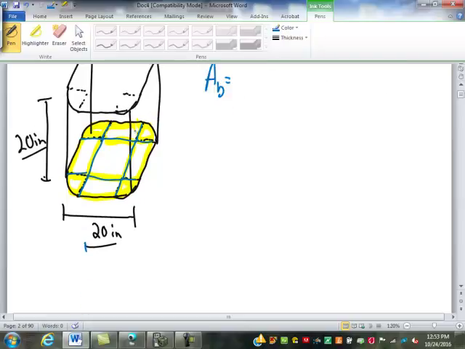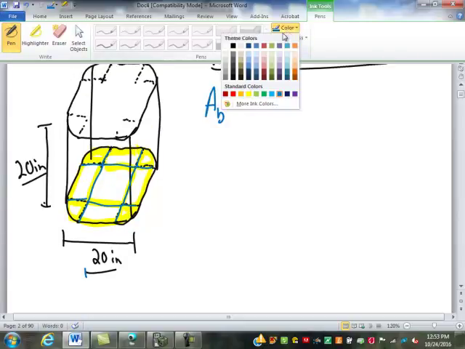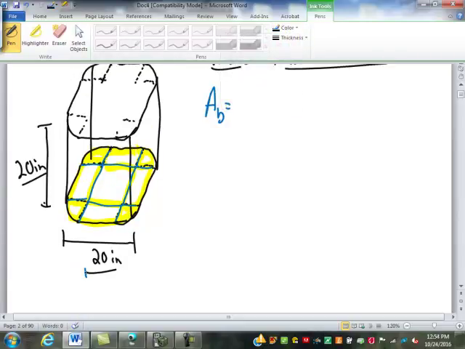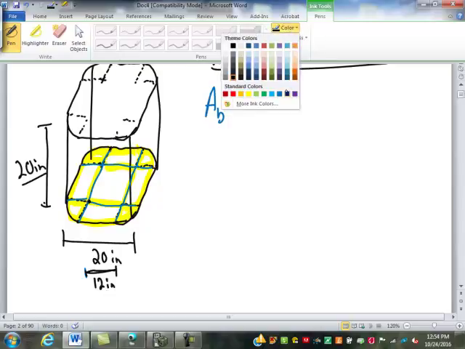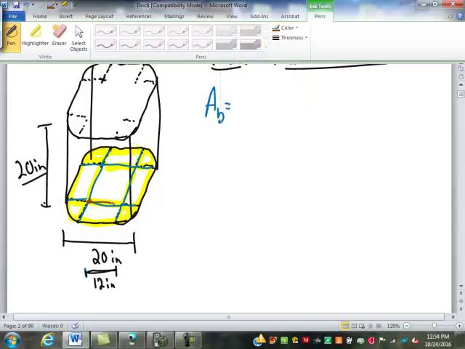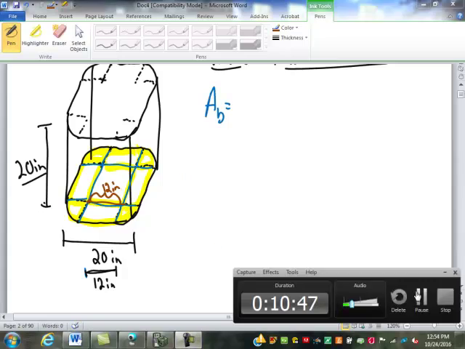I thought I wrote that down. That's 12 inches in the middle. Does that help? No? I just took 20 divided by 3. Okay, so that's not going to work. This from here to here, I'm going to give you as 12 inches. I'll give you another minute to work on that now.